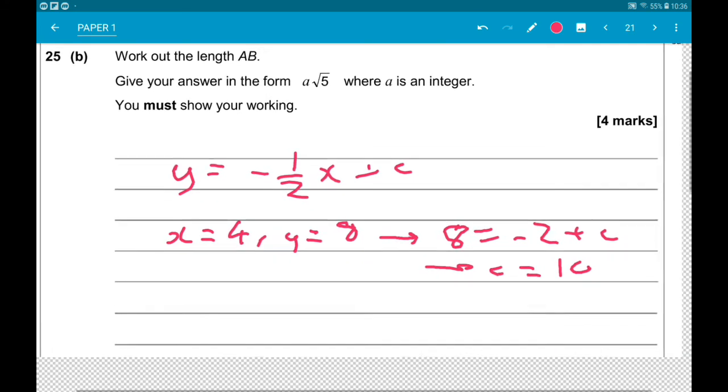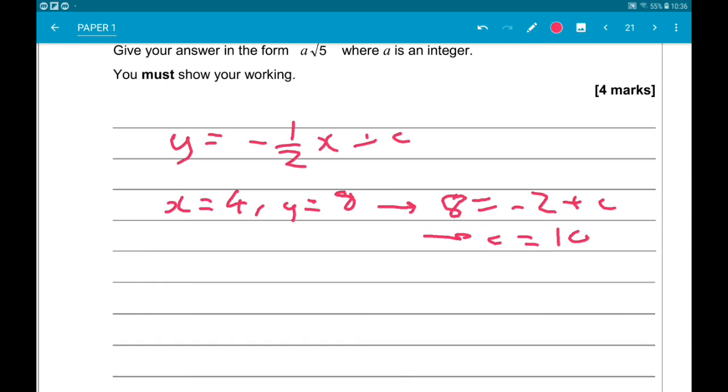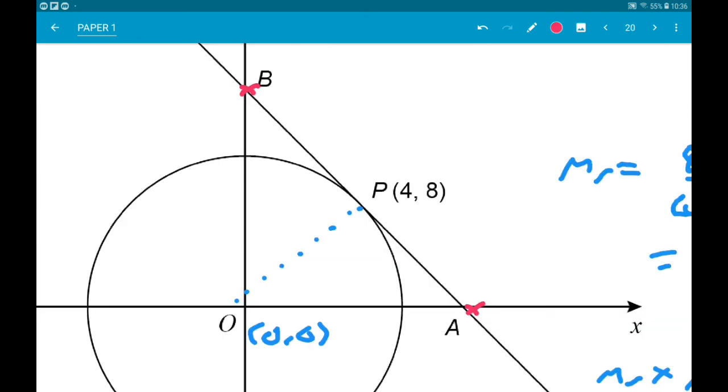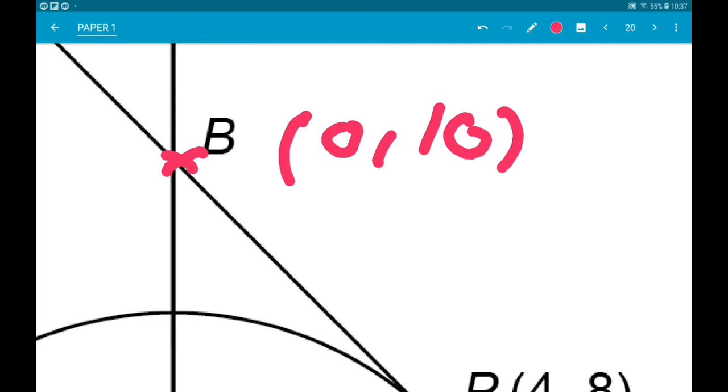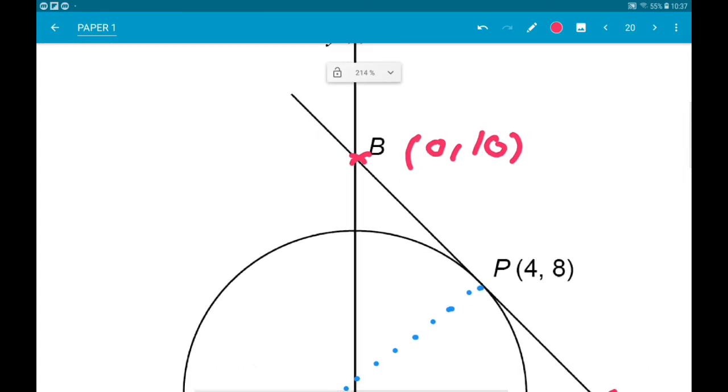So the equation of the tangent is y equals -1/2 x add 10. Okay, now we know the plus 10 is the y-intercept. So the coordinates at B are 0, 10. So the height of our right angle triangle is 10.